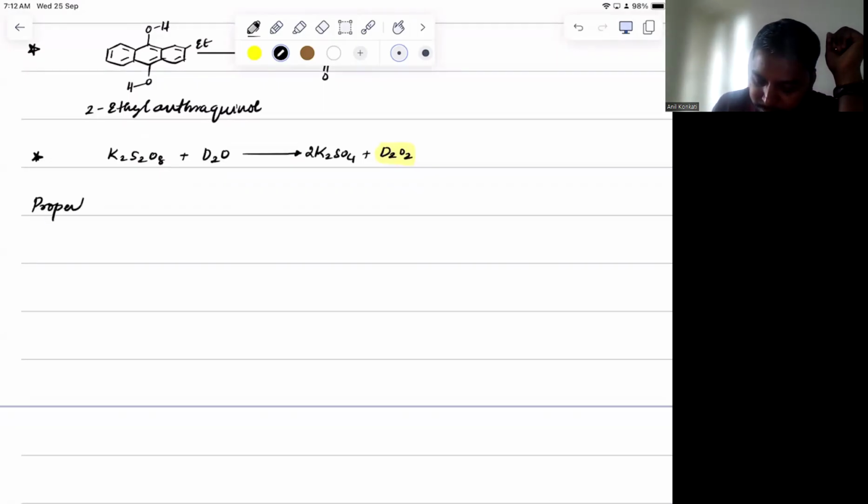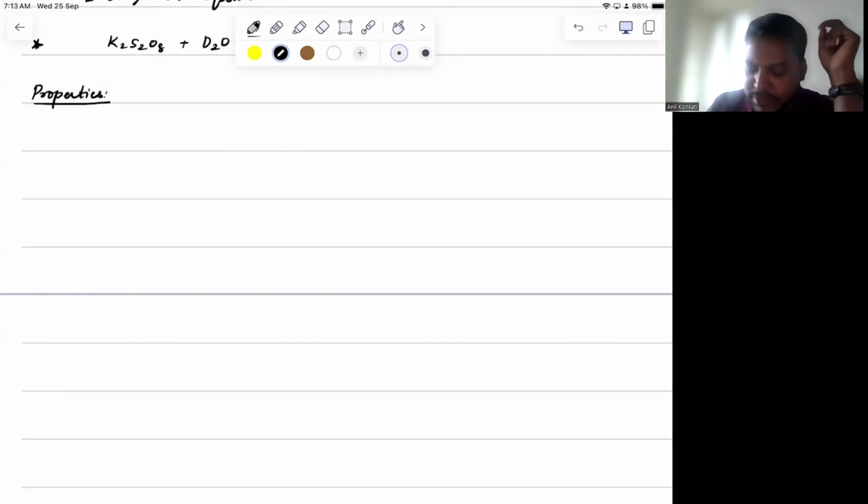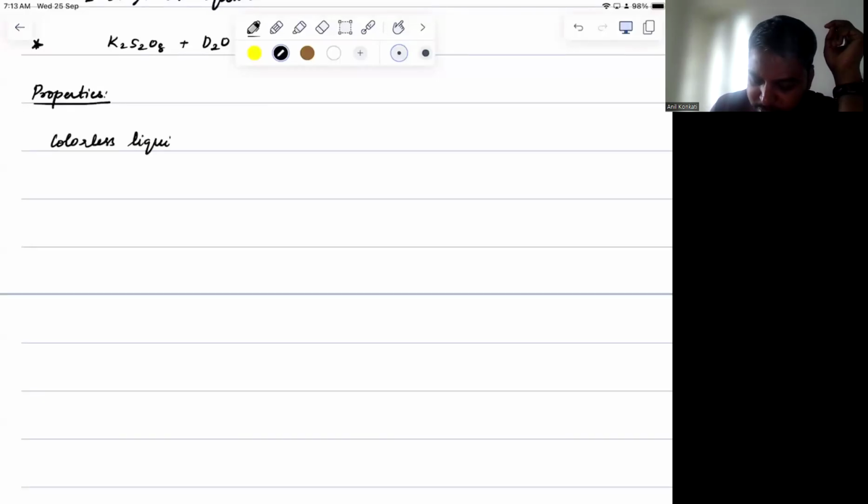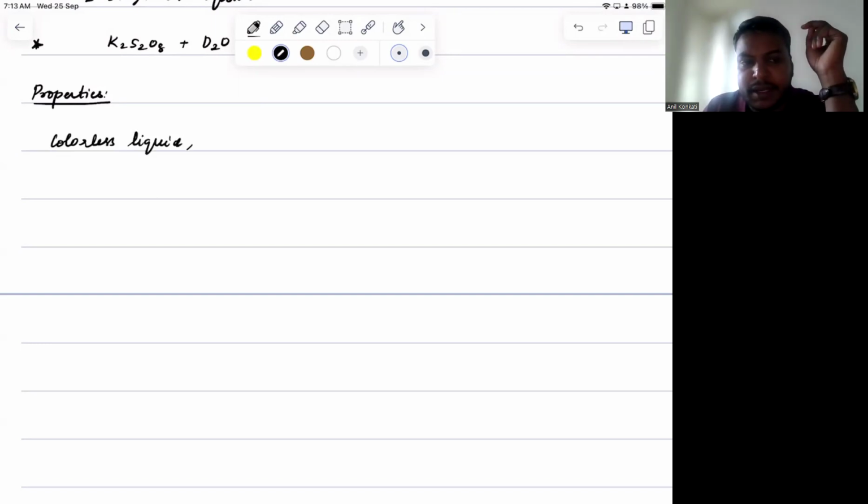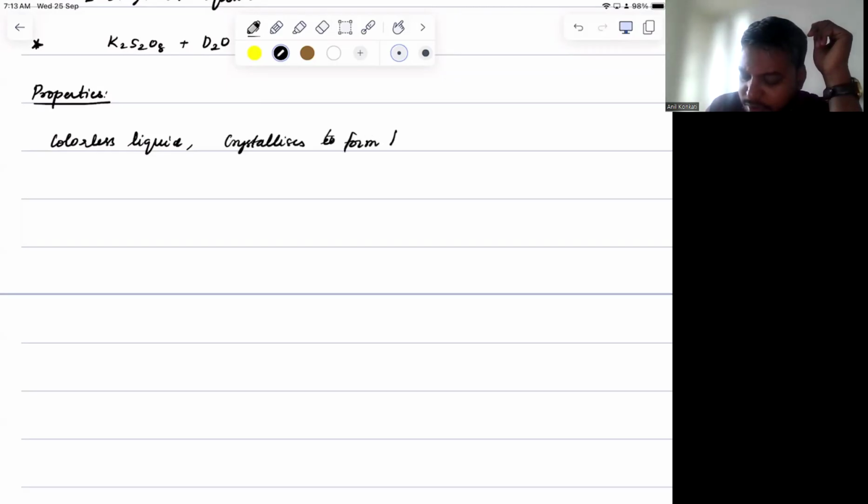Properties of peroxide: if you notice, it is a colorless liquid. It is miscible in water, and it crystallizes to form a hydrate, that is H2O2.H2O.